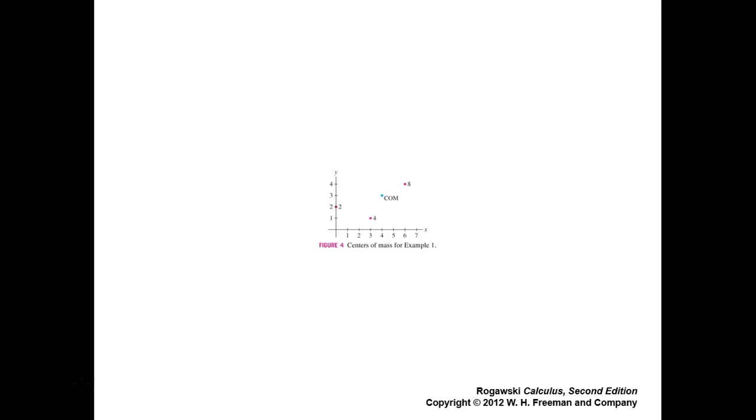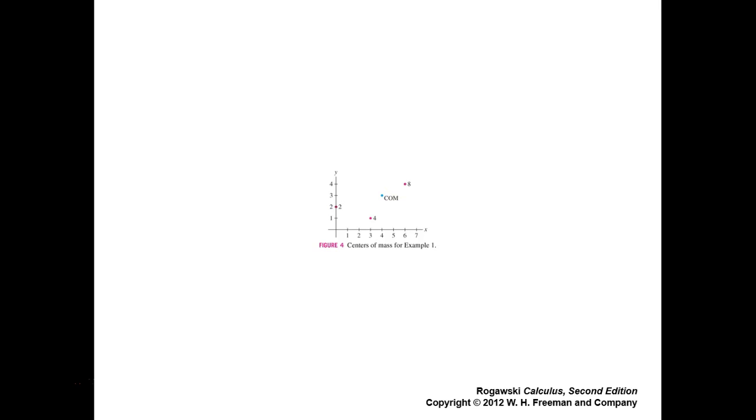Having masses 2, 4, and 8 at location 0, 2, that's where your 2 is, 3, 1, that's where your 4 mass is, and 6, 4, that's where your mass of 8 is.